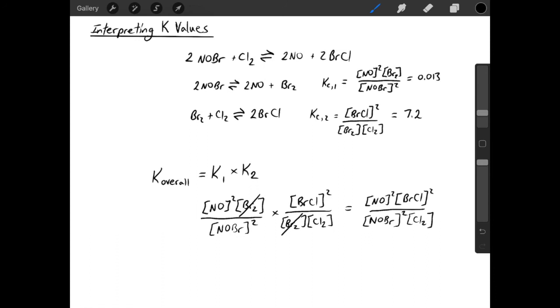And if you check the original multi-step reaction, you can see that if you were to write a K expression for that, it's equal to the one that we've just calculated. And if you multiply the two numerical values for K1 and K2 together, you find that the overall K value is 0.094.